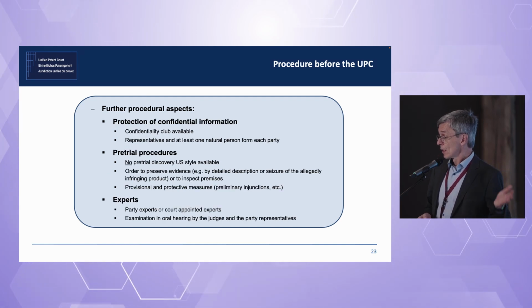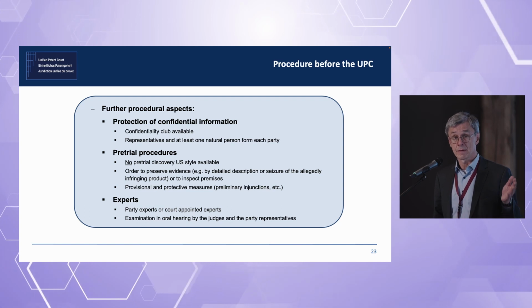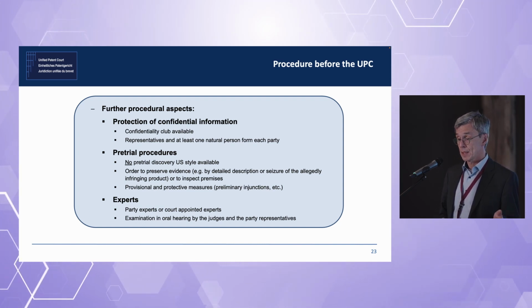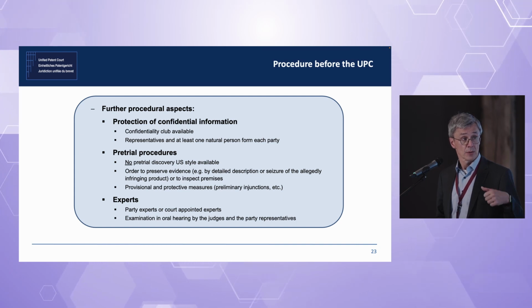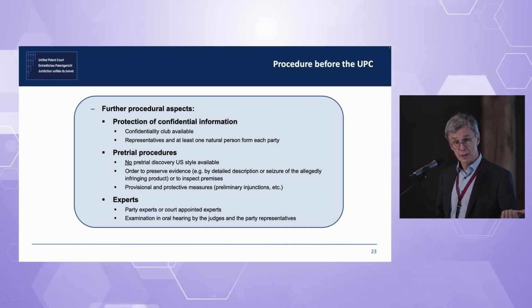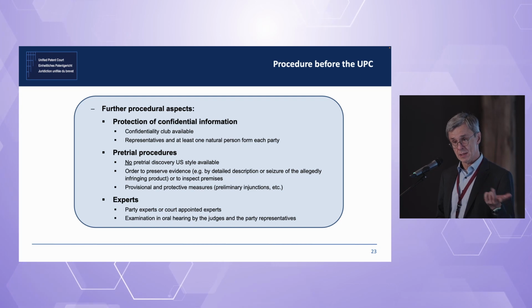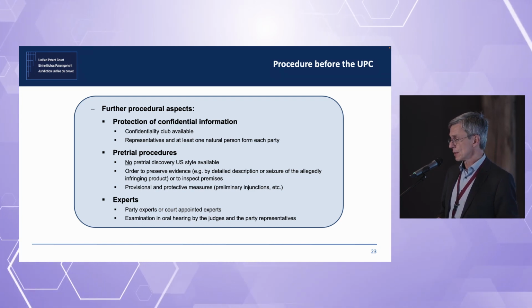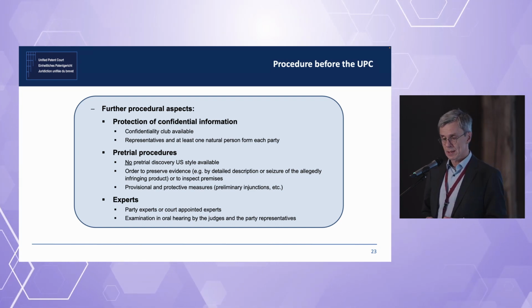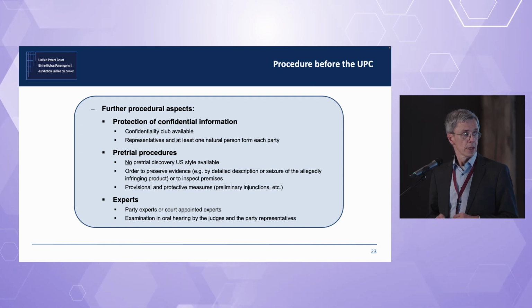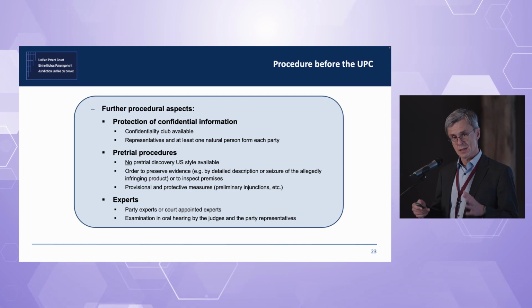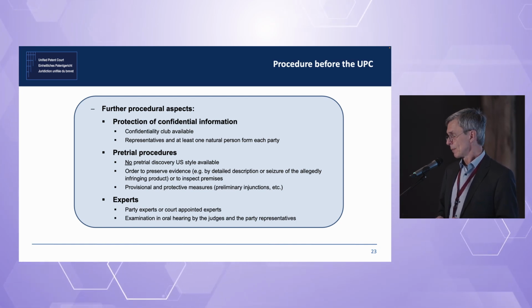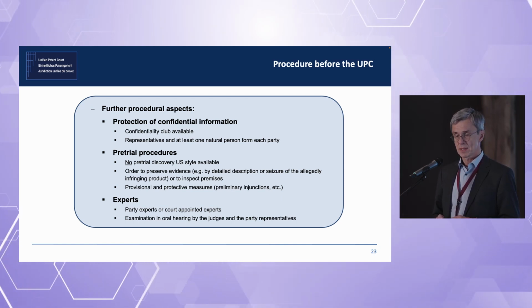Okay, protection of confidential information, that's available. Confidentiality in one aspect with regard to third parties, with regard to the public, of course, but also between parties. So this is along the lines of the trade secret regulation that essentially has been implemented in the UPC system.